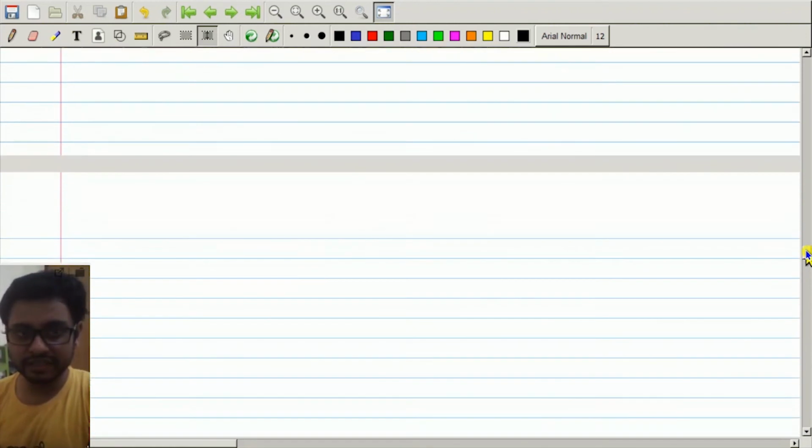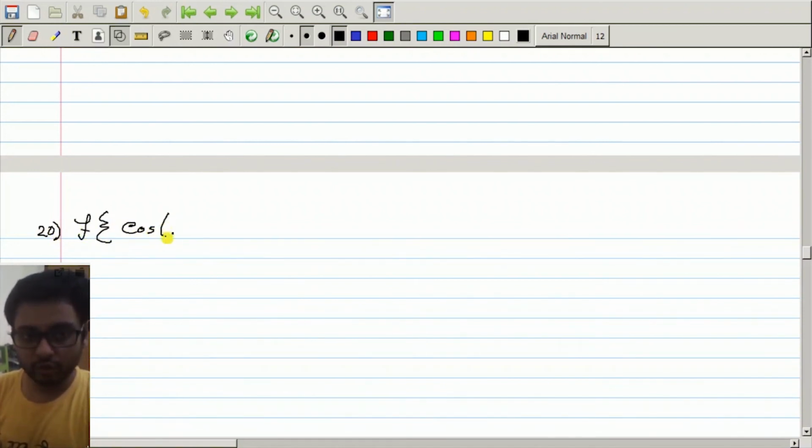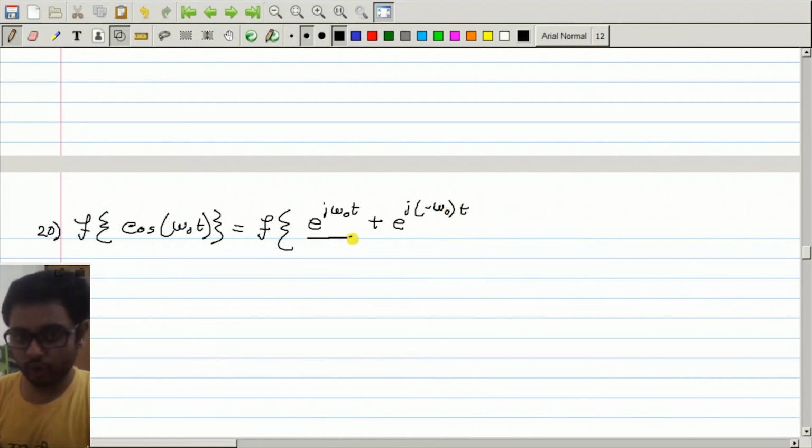Next, in the same way, you can calculate the Fourier transform of cosine omega naught t. That is the same as the Fourier transform of (e to the power j omega naught t plus e to the power j minus omega naught t) whole divided by 2.